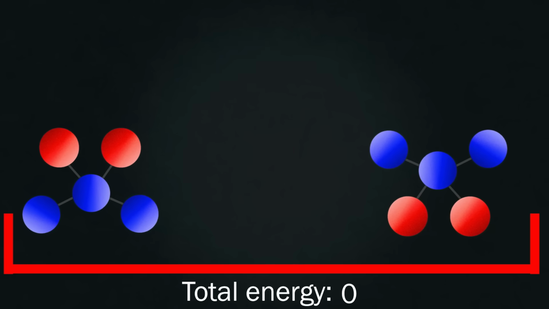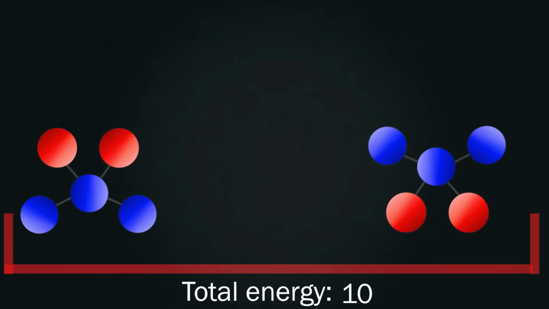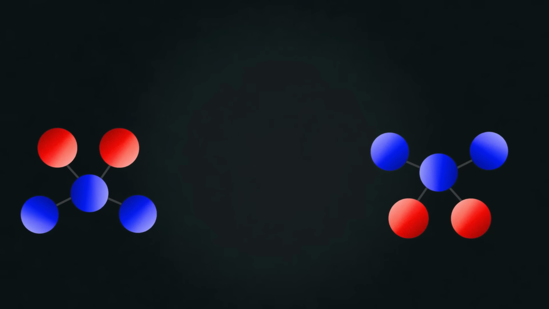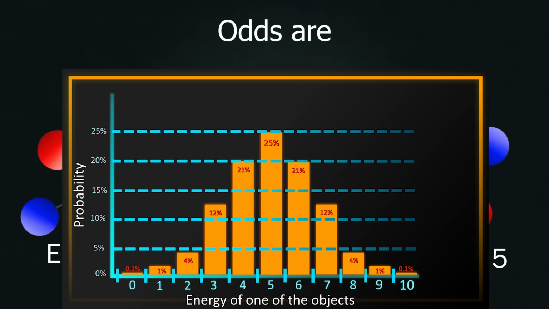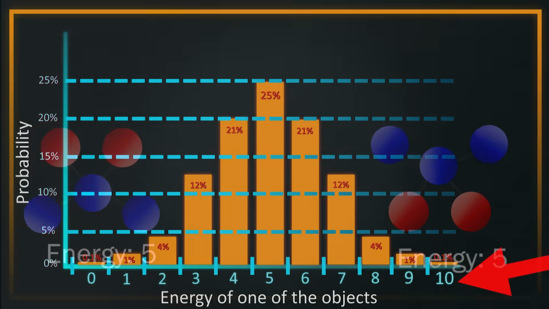Let's say we have 2 objects, and they have a total energy of 10 energy units. Now, let's say that the energy units are distributed randomly between them. If each energy unit has a 50% chance of being in either one of the objects, then odds are they will probably be somewhat evenly distributed. In other words, the chance of one object having all the energy is low.